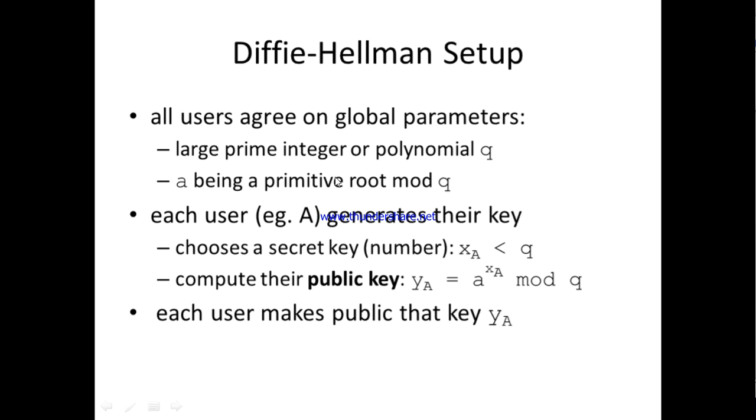Please search it. Primitive root means generally what happens is when you are taking the powers of A mod Q, it will generate the values in the order of 1 to Q minus 1.